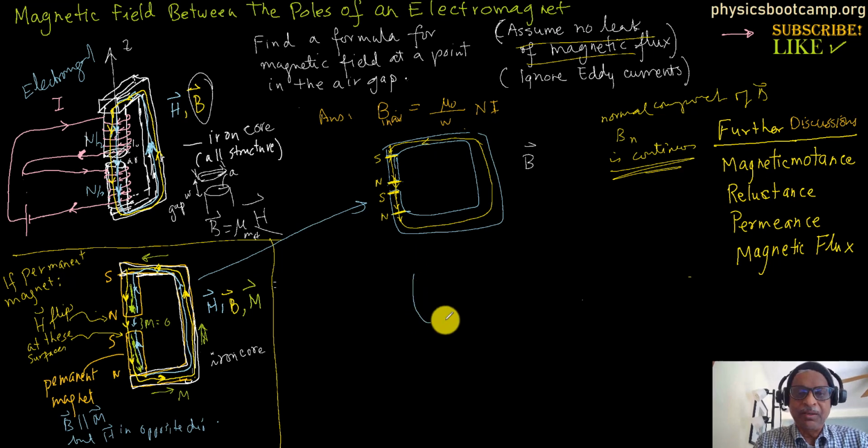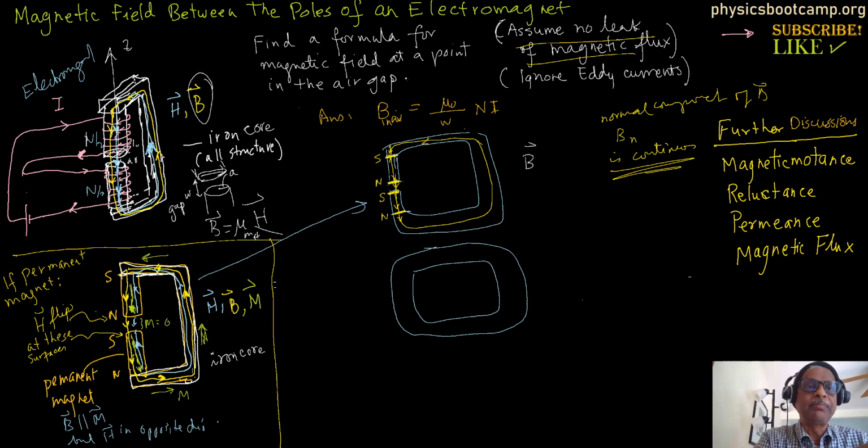But what happens to H? You have one interface here, one interface here, one interface here, one interface here, and we can erase this.